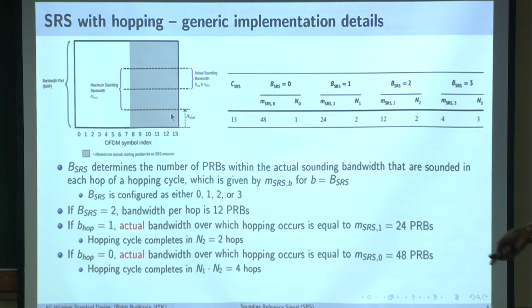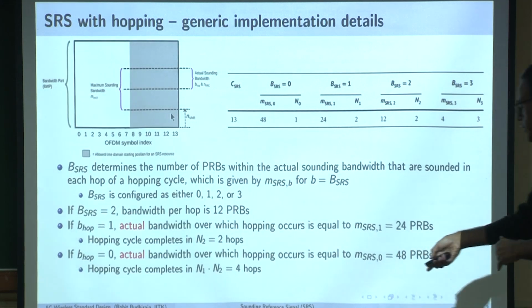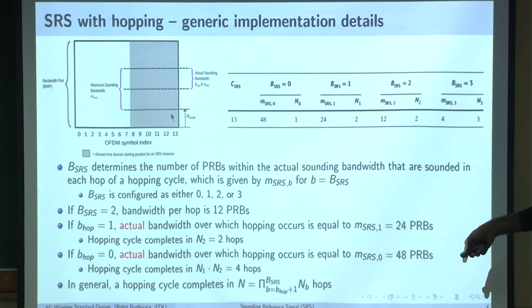So there is a generic formula, I will give you that. How does this come? In general, a hopping cycle completes in the product, pi, running from B equal to B hop plus 1 to BSRS.